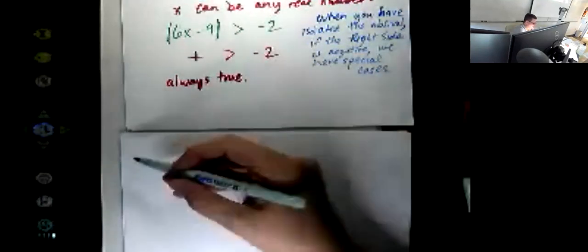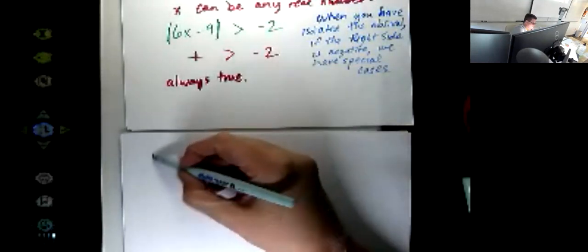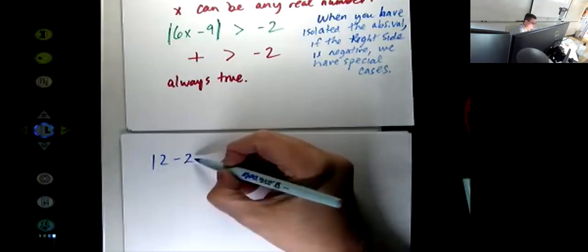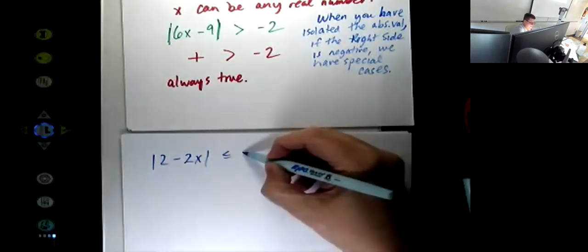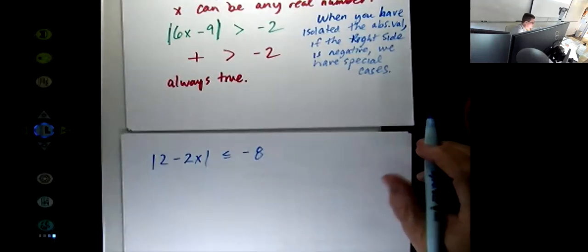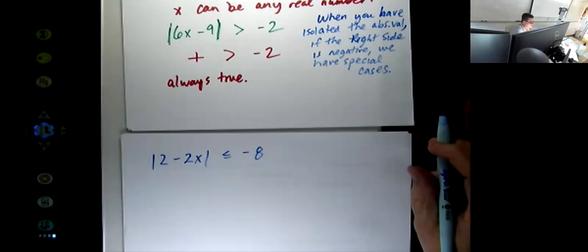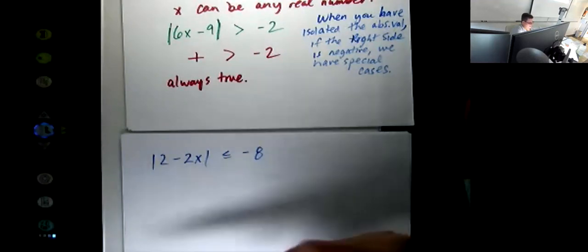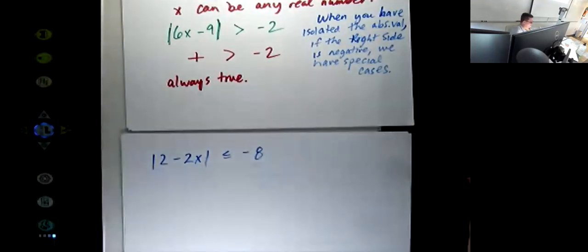What if that said the absolute value of 2 minus 5x, or 2x, is less than -8? We have a negative on the right side, so let's reason out what's happening here. Save yourself some work and do some reasoning skills.